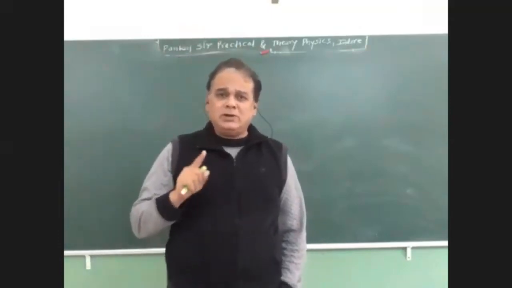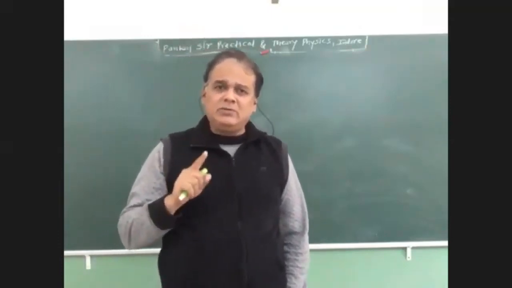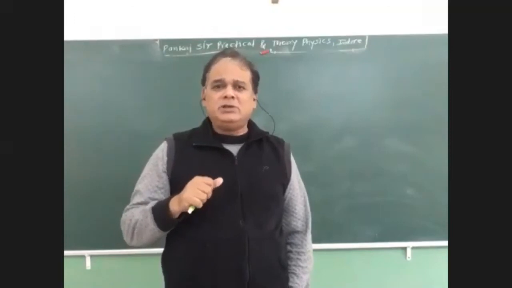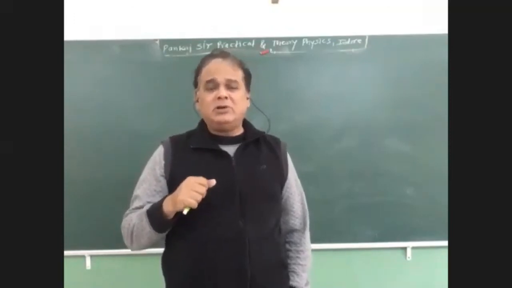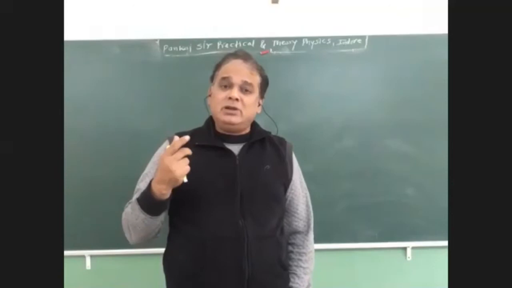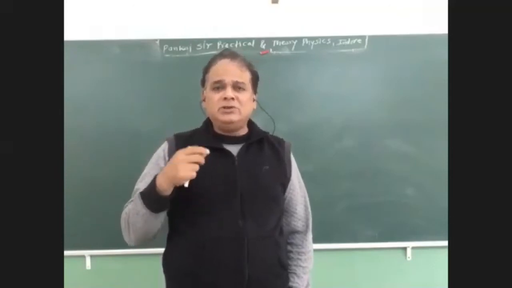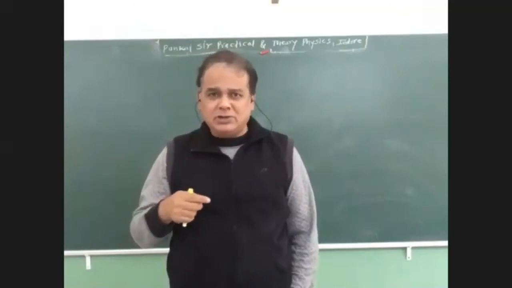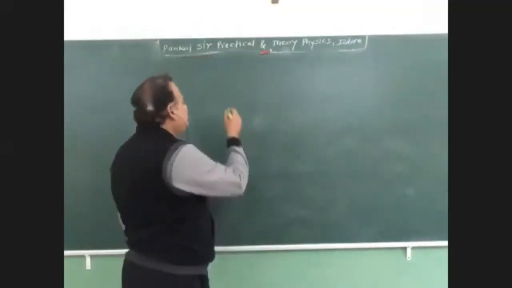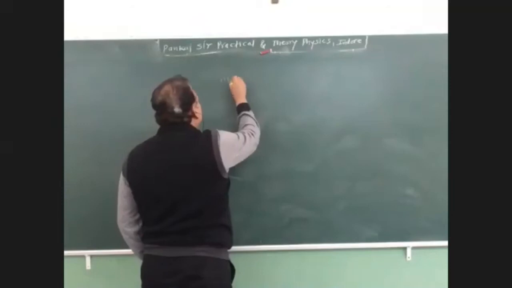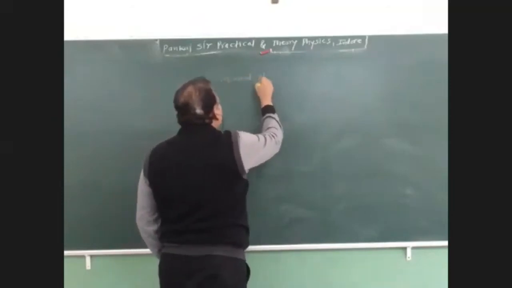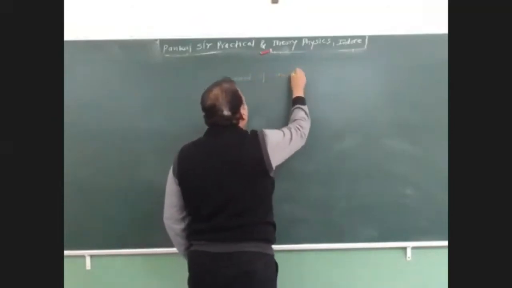More mass, more inertia. That is the inability of a body to change its state of rest or motion or direction of motion. Similarly, there should be a quantity in rotational motion which should be the rotational inertia. And that quantity is very, very important here. Today we are going to discuss moment of inertia.